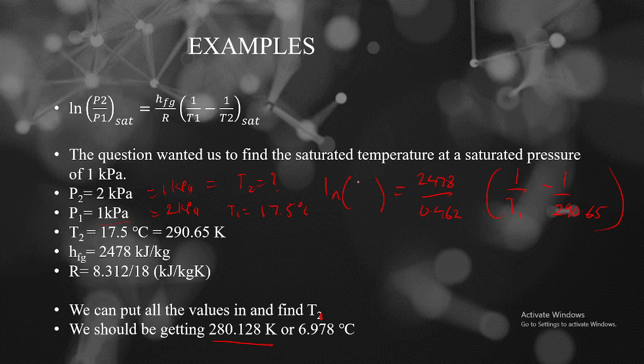So instead of making it ln 2 over 1, I could have made it ln 1 over 2 to be equal to 2478 over 0.462. Now I'll know T1, right? 1 over my T1 is going to be that for the 2 kilopascal, that's the 290.65, then minus 1 over my unknown T2, right? I'll end up getting the same thing. It's the same kind of expression.